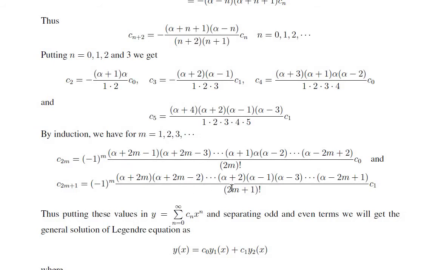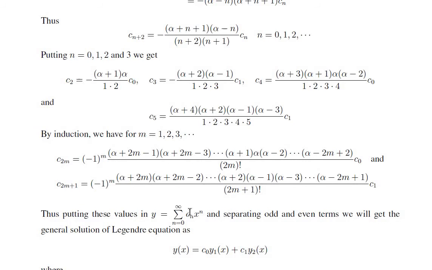So if we put these values, notice that y is c0 plus c1x plus c2x square dot dot dot. So if we collect all the even terms, that is c0 plus c2x square plus c4x to the 4 dot dot dot, and plus the odd terms c1x plus c3x cube plus dot dot dot, because all the even terms we have expressed in terms of c0, and the odd terms we have expressed in terms of c1.